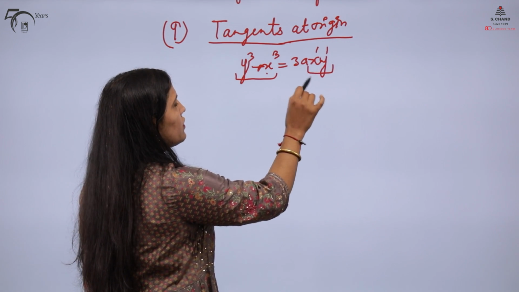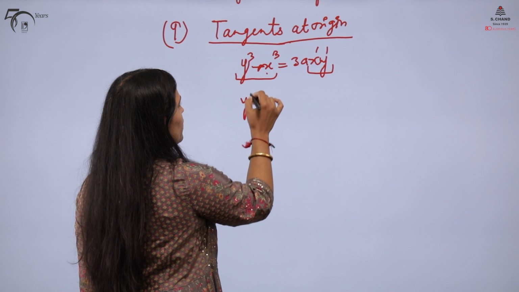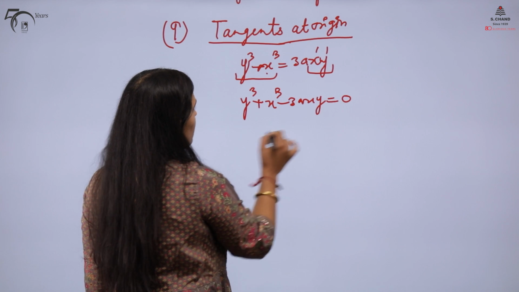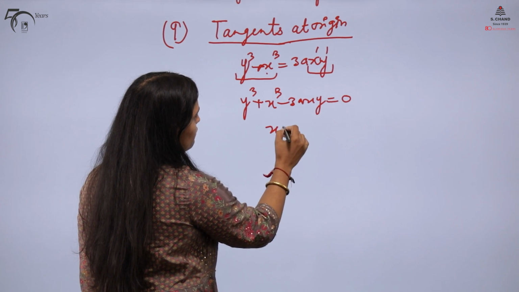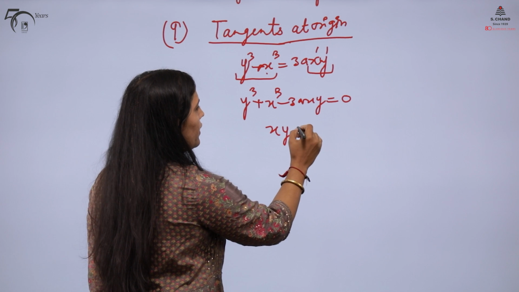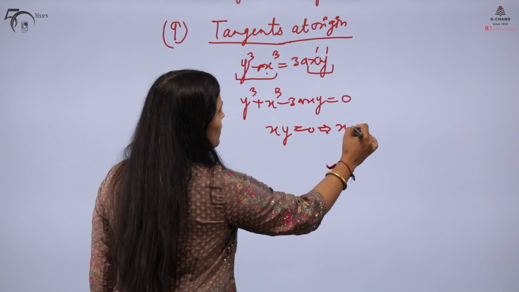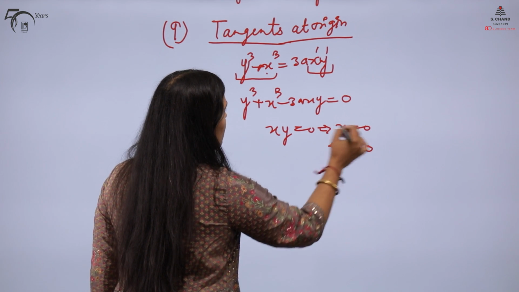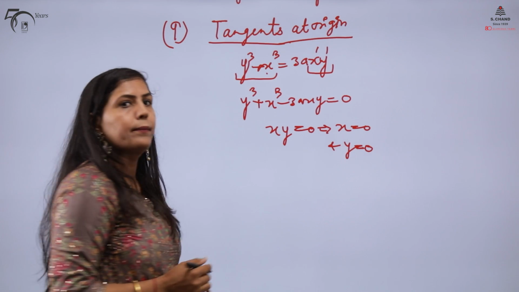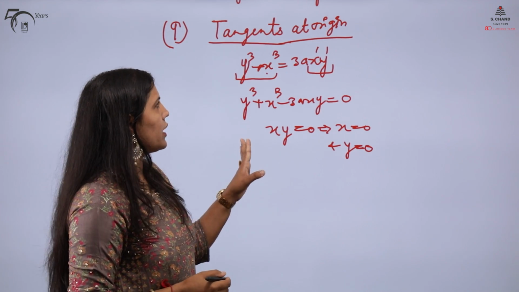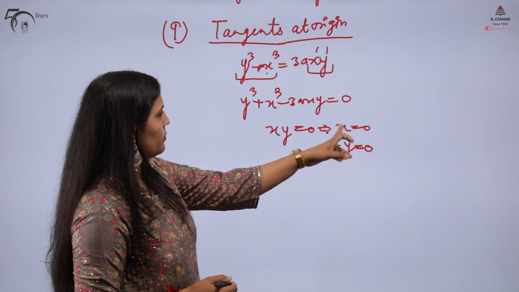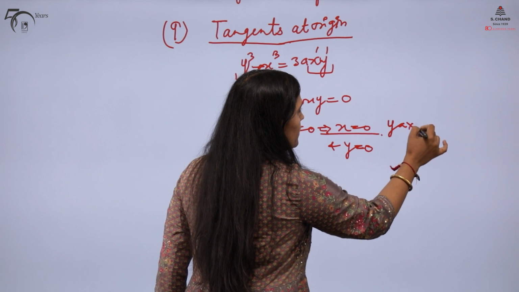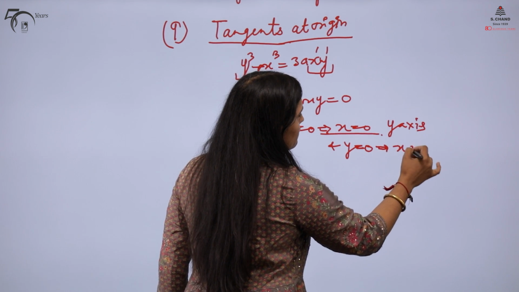So the lowest degree in this equation is this one. First take the curve to one side, as we always do. Now your lowest degree term is xy. So the lowest degree term equal to 0 will give you the tangents at the origin. So for the origin, simply put the lowest degree term equal to 0. x = 0 means the y-axis is the tangent and y = 0 means the x-axis is the tangent.